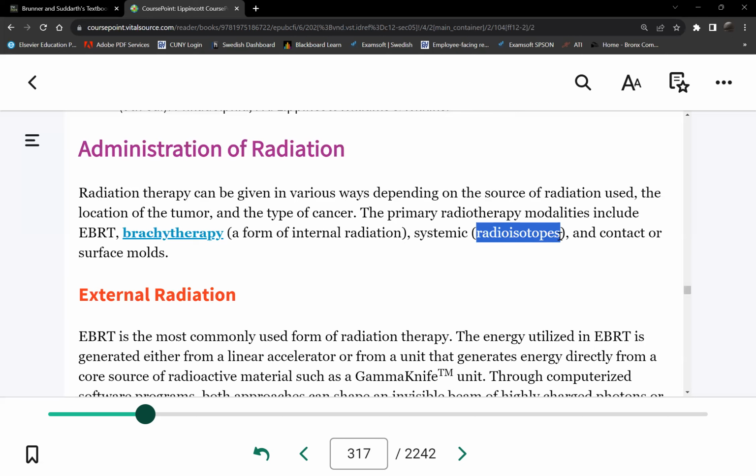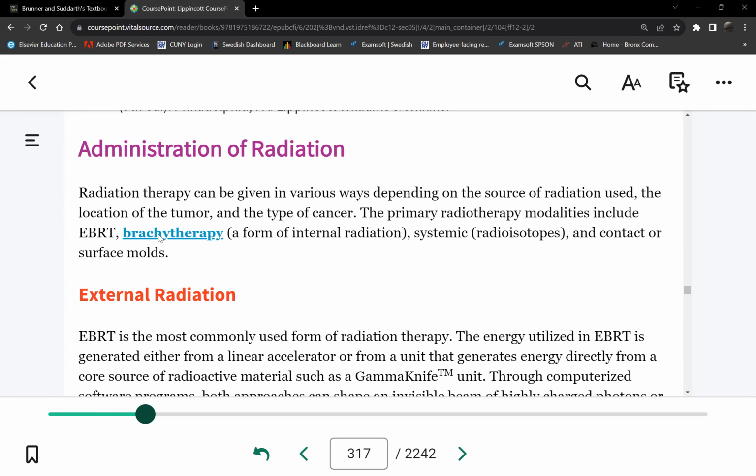An example of the radioisotope was, remember RAI-131 we used to treat hyperthyroidism? Remember that? So that's an example of an unsealed radiation source. It's a form of internal radiation, but it is unsealed because the patient swallowed it, or it can also be injected, okay? So the patient either swallowed the radiation or they were injected with the radiation.